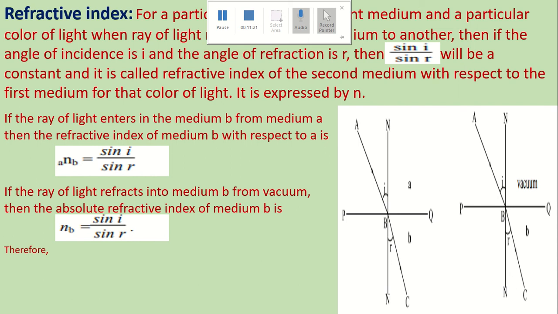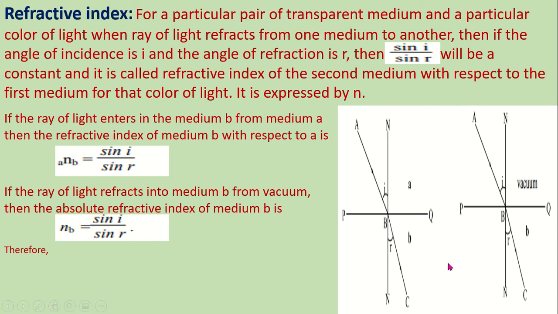Therefore, sin i by sin r. Therefore, we can write bNa. That means here light is traveling from medium B to medium A. Suppose it happens, at that time the refractive index bNa, that means light is coming from medium B to medium A. So at that time it will be reciprocal.